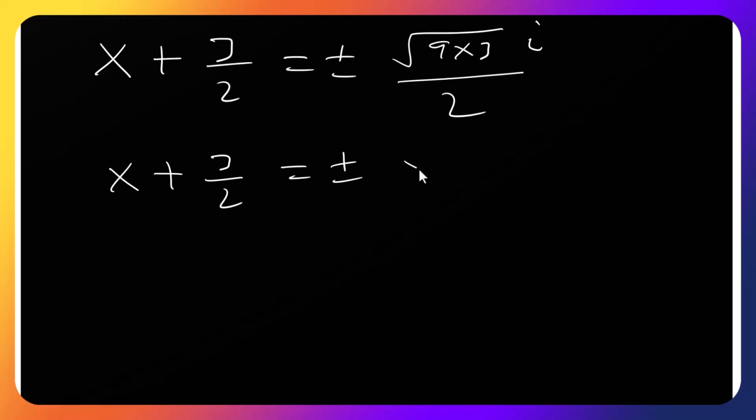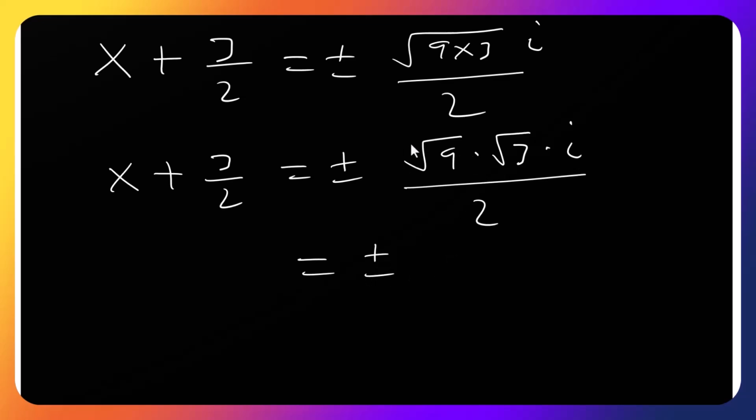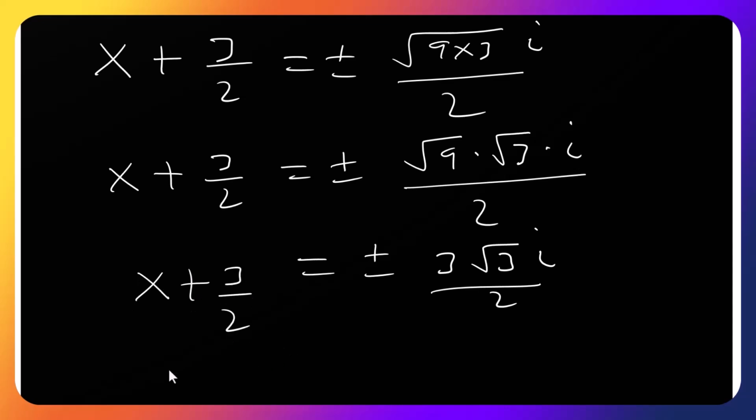So this side will be the square root of 9 times the square root of 3 times i on 2. So this side will be plus or minus 3 root 3 i on 2. x plus 3 on 2. So we have x equals minus 3 on 2 plus or minus 3 root 3 i on 2.